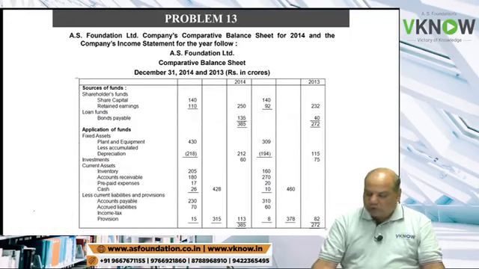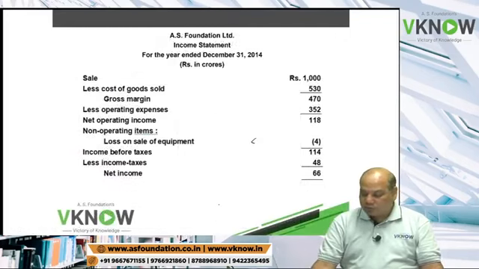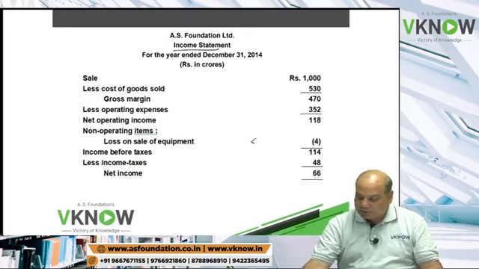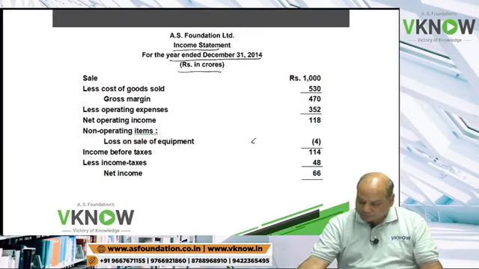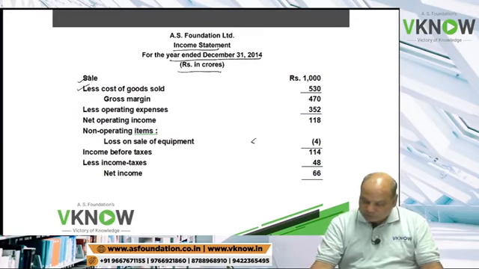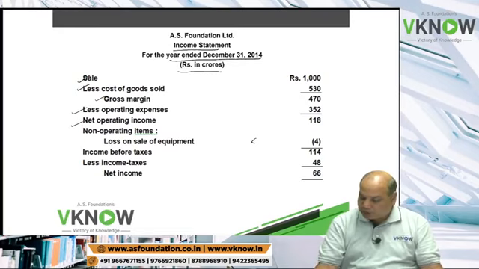If you don't have a query on the balance sheet, come to the income statement for the year ended 31st March 14, figures in crores of rupees. Sale, cost of goods sold, gross profit, operating expense, net operating income, non operating item.